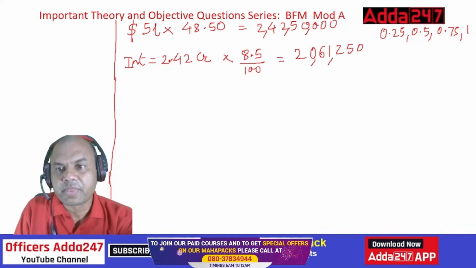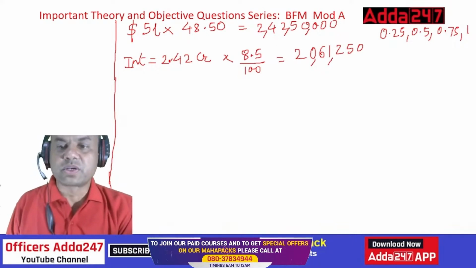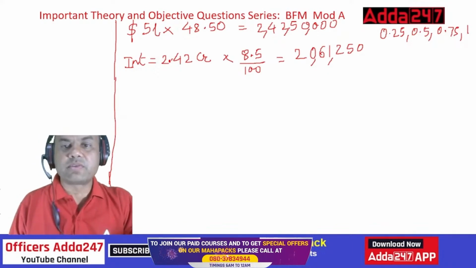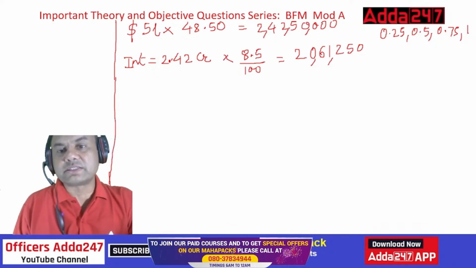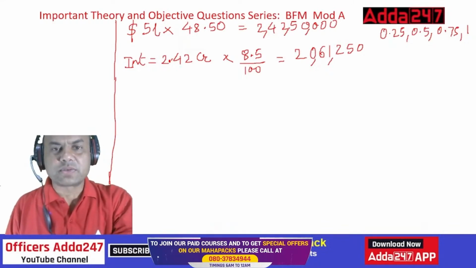Yeah. 2061250, I think so. Am I making some mistake? 8.5% upon 100, yeah. So 2061250. So the amount I'll be giving is 20 lakhs and something. Are you getting a different answer?